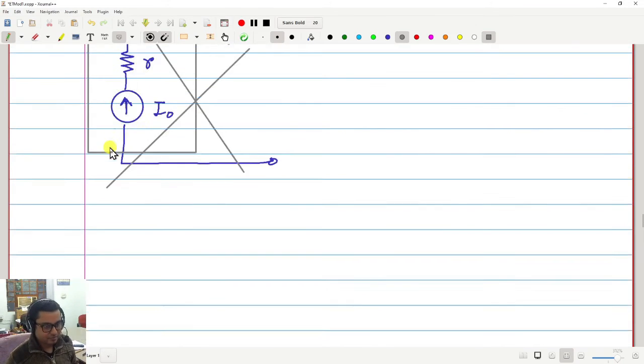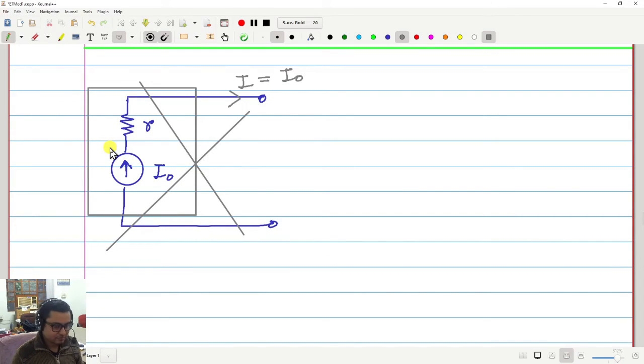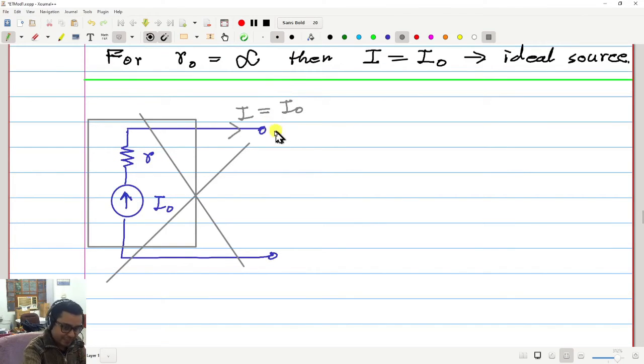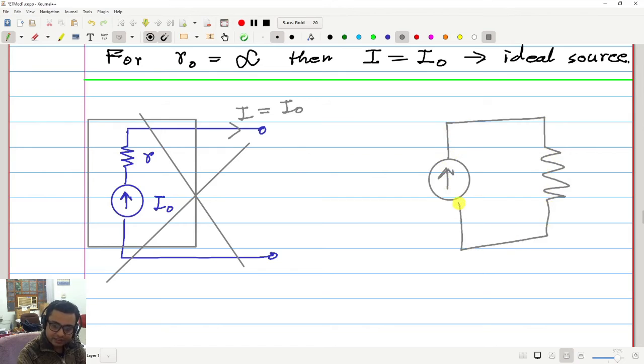Sir, how can we change the voltage V in the outer circuit? You think in this way: this current source will automatically adjust the voltage so that the current remains fixed. If you consider an ideal source and you increase the resistance, this source will automatically increase the voltage between the two terminals so that the current is constant.